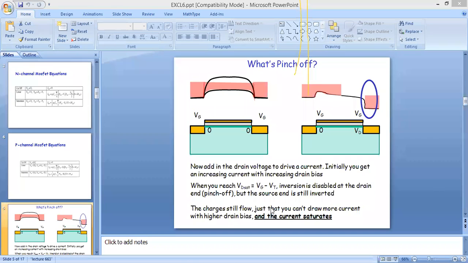Charges still flow, it's just that you can't draw a higher amount of current with drain bias.